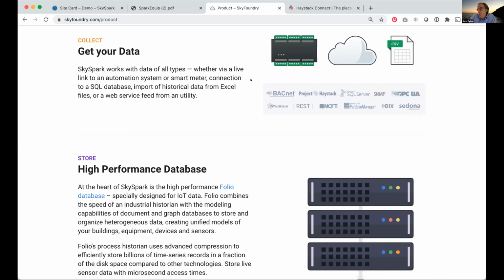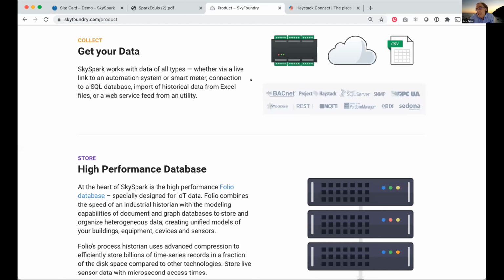SNMP, that's a protocol for IT equipment. OPC UA is industrial equipment. Modbus is extensively used with meters. MQTT is a standard in the IoT industry. Portfolio Manager, that's by Energy Star, so that SkySpark can report the data. It also supports Obix and Sedona. So the point is it can use these standard protocols to get the data.